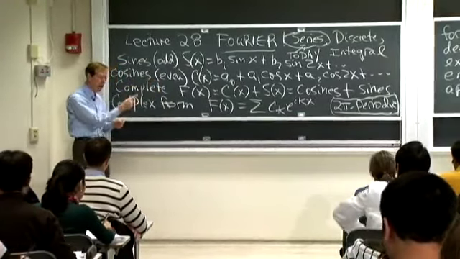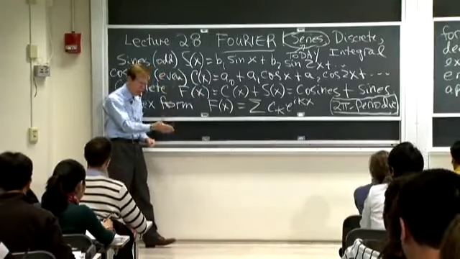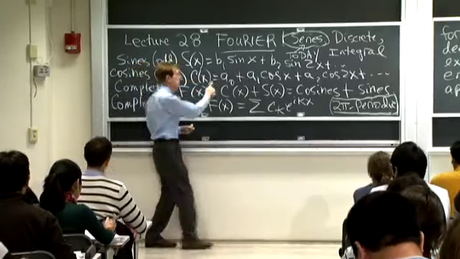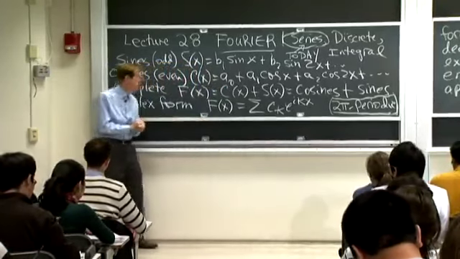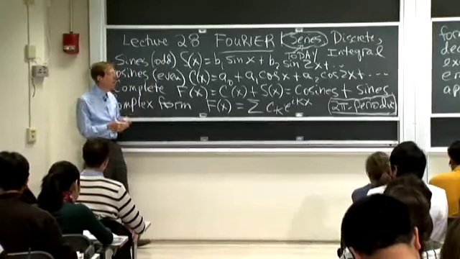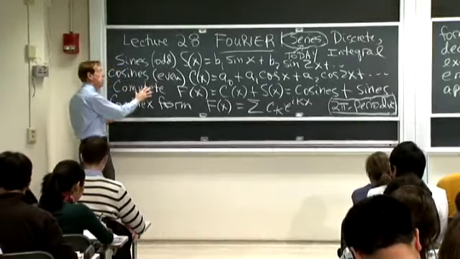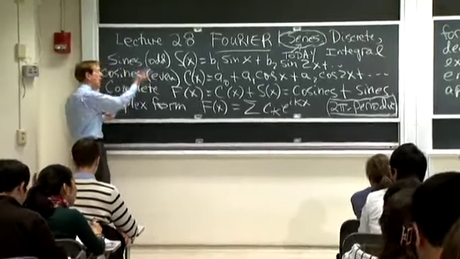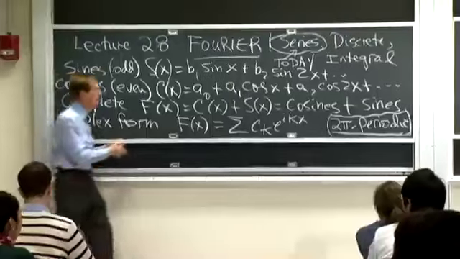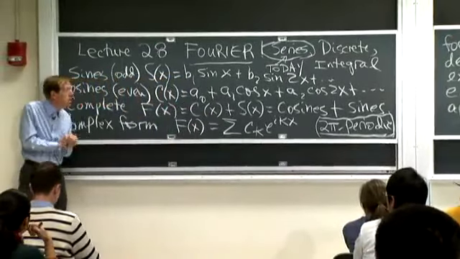Cosines are symmetric across 0, like a constant or like cosine x. 0 comes right at the symmetric point. So those will have only cosines. A lot of examples fit one or the other of those, and it's easy to see them. The general function, of course, is a combination, odd and even. It has cosines and sines. It's just the sum of the two pieces.